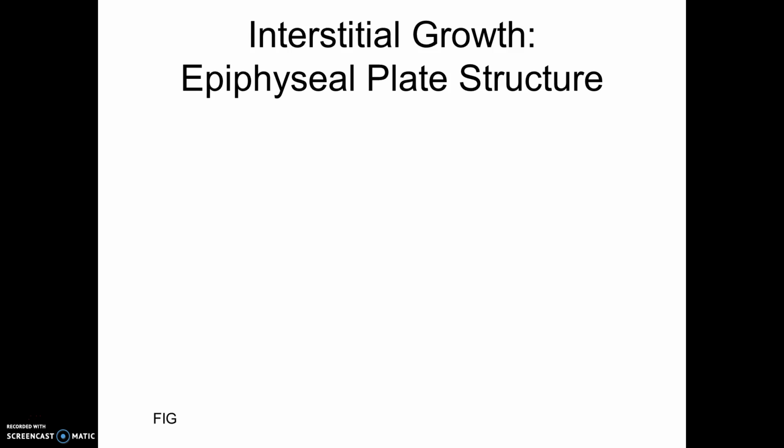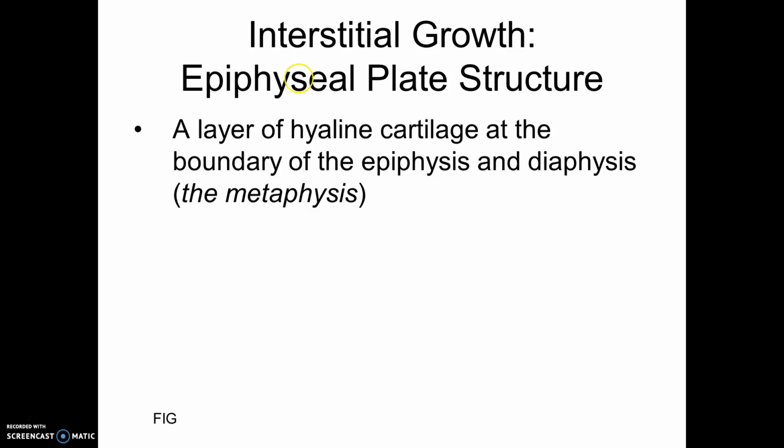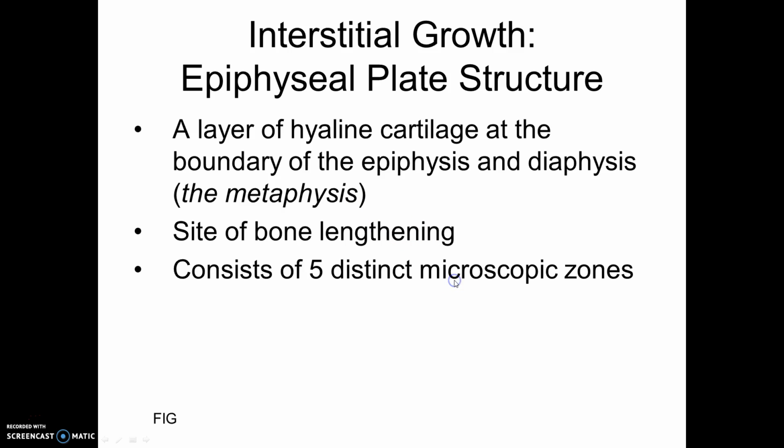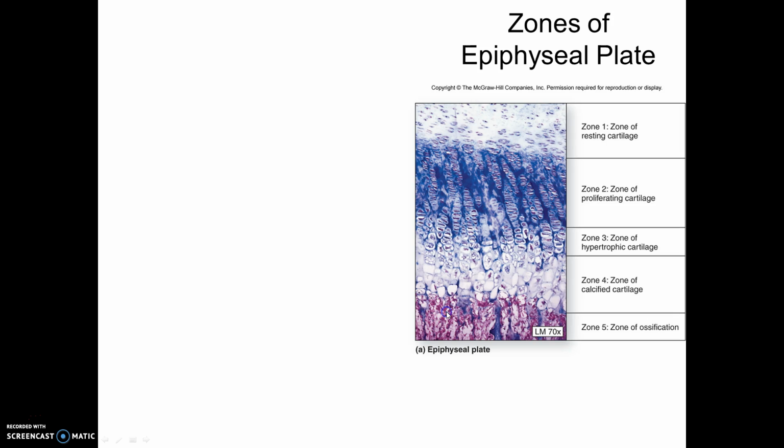So with interstitial growth of long bones, we have that layer of hyaline cartilage in the metaphysis that we just looked at in that diagram, which is the site of bone lengthening, and we'll talk about how that happens in 5 distinct microscopic zones. So here are our 5 distinct microscopic zones of the epiphyseal plate, and I might give you some context here.